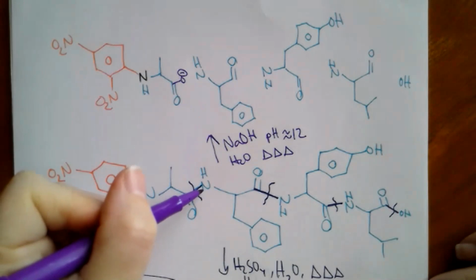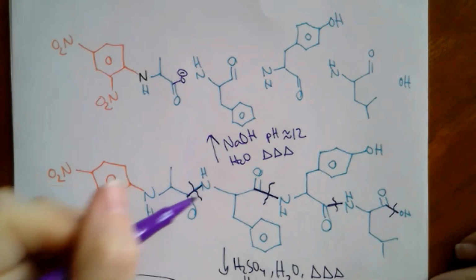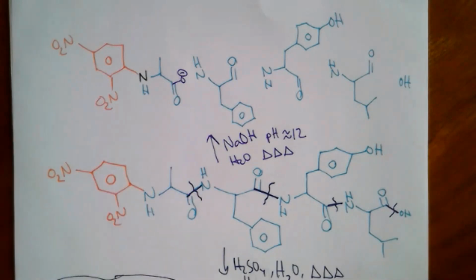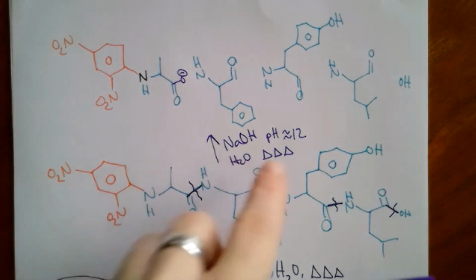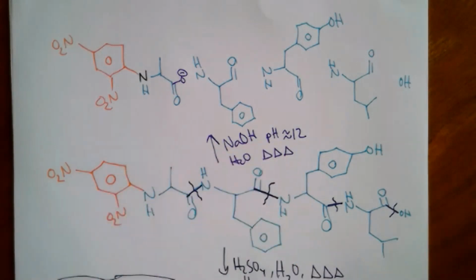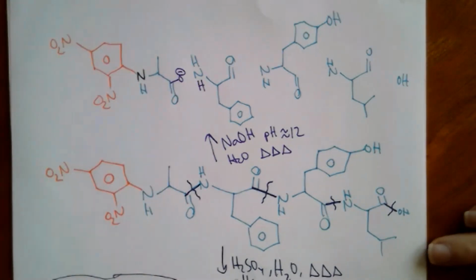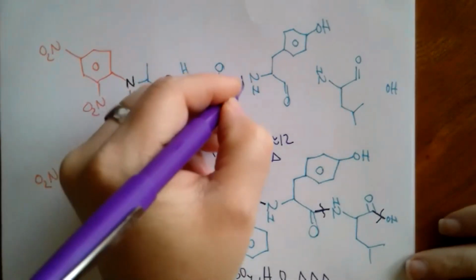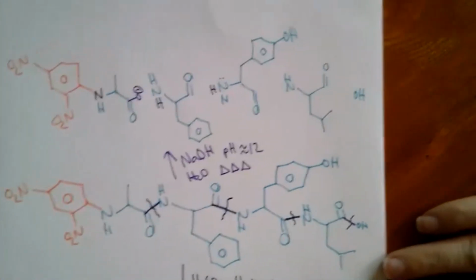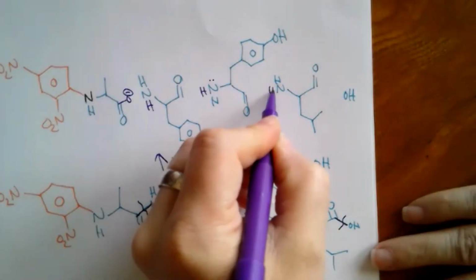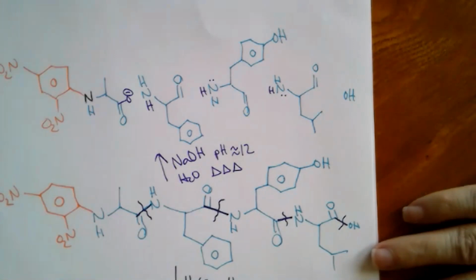The hydrolysis of the nitrogen part will always result in an amine or ammonium ion. At a pH of 12, you're above the pKa, so it's a neutral amine, NH2.